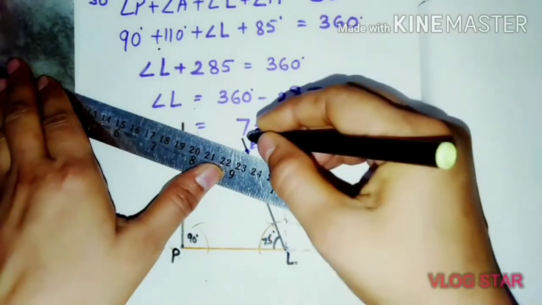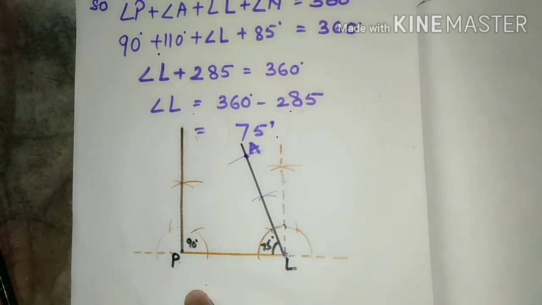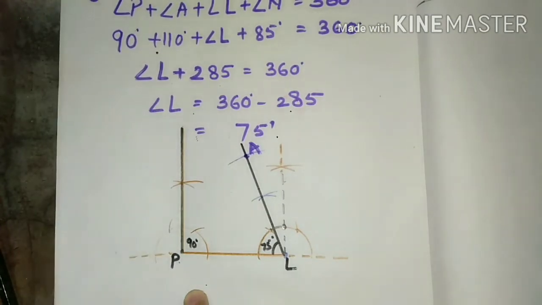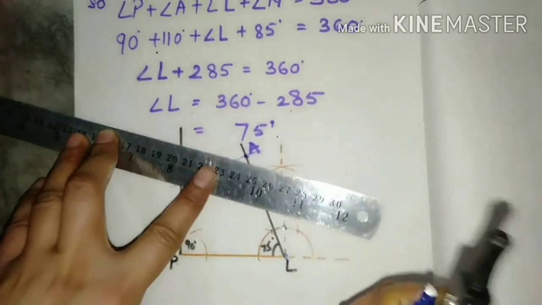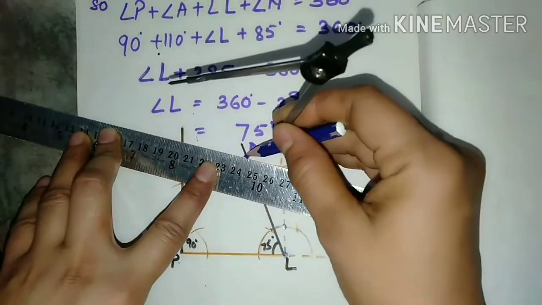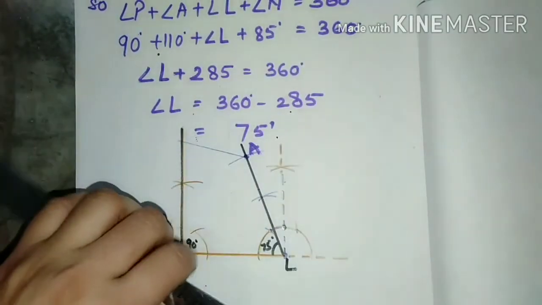Students, you have to use protractor to draw 110 degree.